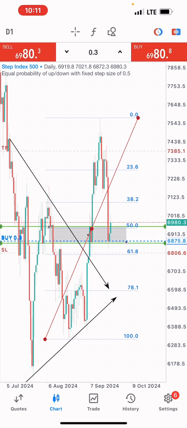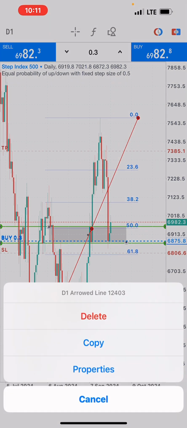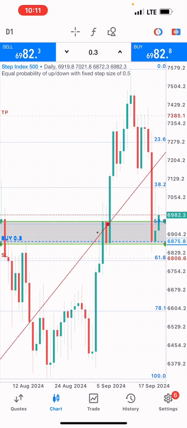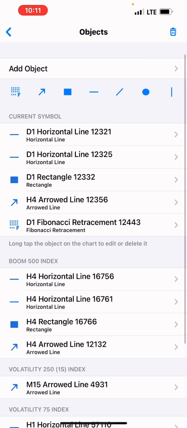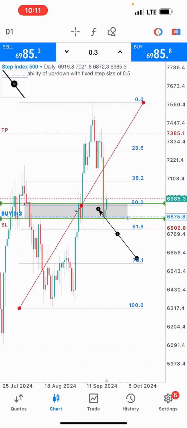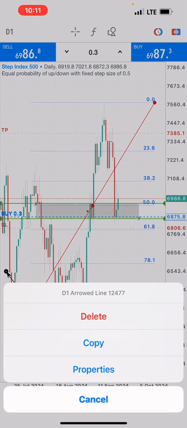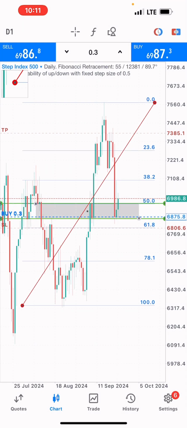Let me just go ahead and delete this stuff so that we don't get confused. Our daily order block area coincides with the 50 and the 61% retracement level, which signifies a strong level and high probability.